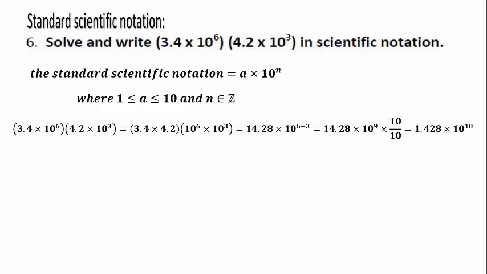14 is greater than 10, so we must make this number between 1 and 10. So we will move the decimal point one digit in the direction of the left side.